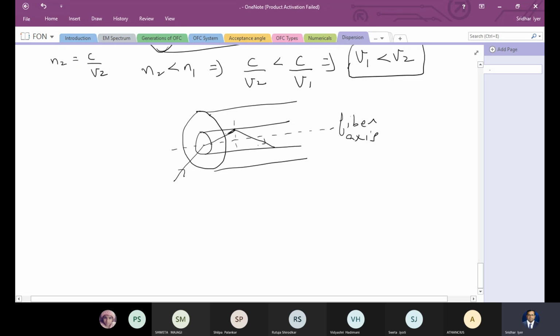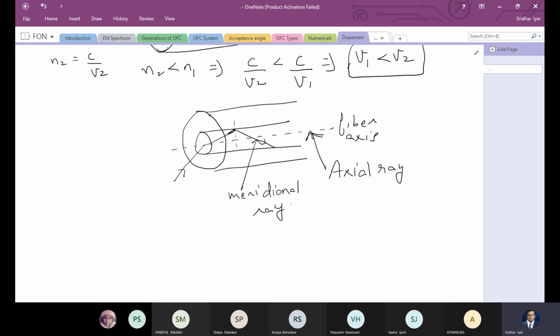Okay. Now the ray here on the dotted line is known as the axial ray because it is on the axis of the fiber. The other ray, which we discussed in module 1, is known as the meridional ray, because it is on the meridian of the fiber, that is, it is only across the axis of the fiber, right?